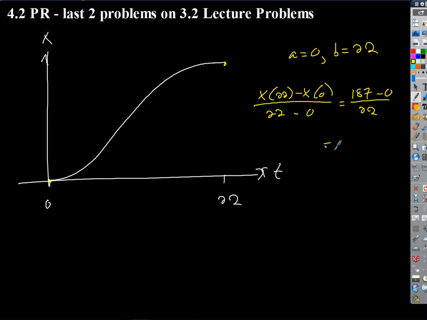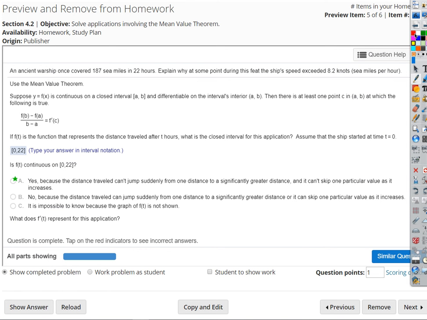So what is that, roughly? 8.5. And that was miles per hour, right? Nautical miles per hour. So then, defend your answer. Why do we know that it has to exceed 8.2 knots? Yeah, you can't skip numbers, and what did it start at? 0.